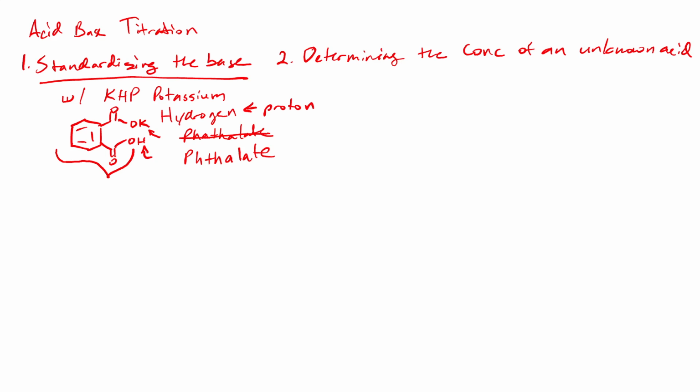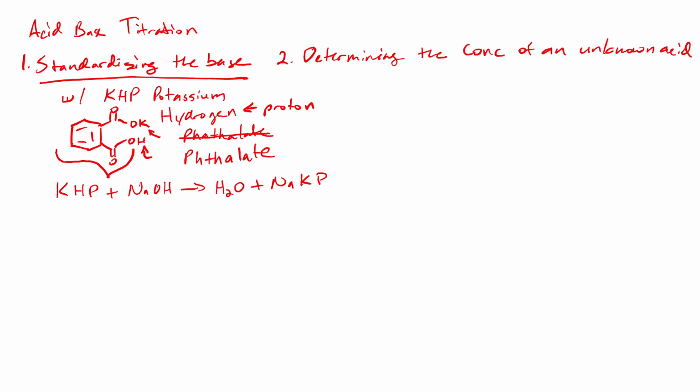Okay, so the first thing to do is to have a finished, sorry, a balanced equation for the reaction, right? So KHP plus sodium hydroxide makes water plus sodium potassium phthalate, right?